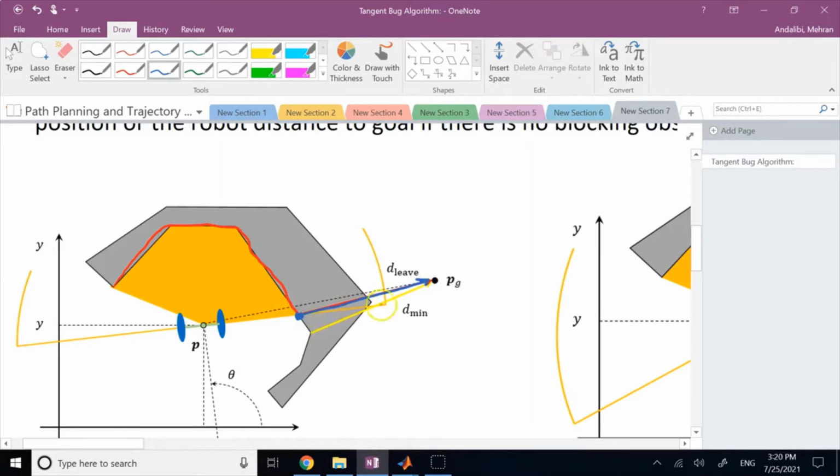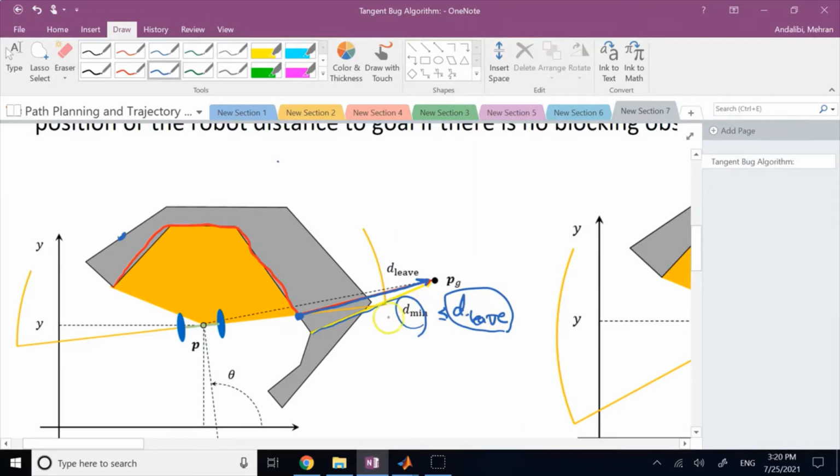What is d minimum? It is everything in the memory, right? It's this one. Typically, your d minimum has to be less than or equal to d leave, right? Correct? Because that's the smallest that you have found so far. Unless now you end up at a point where what you can see from the current point of the boundary to the goal is less than this, then it means what?